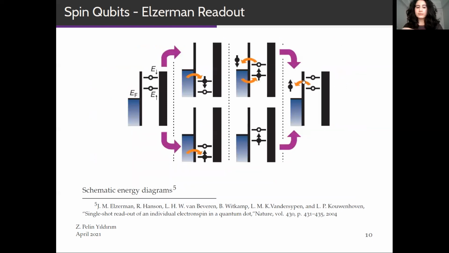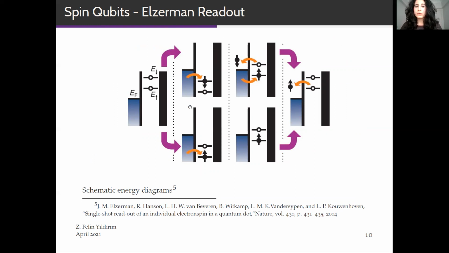Now let's look at the readout of the spin qubit. An initially empty quantum dot is here, and this is the reservoir, which is filled with an electron which has unknown spin. This is done by changing the gate voltage so that the energy levels are lowered, and any electron can get in, regardless of its spin.